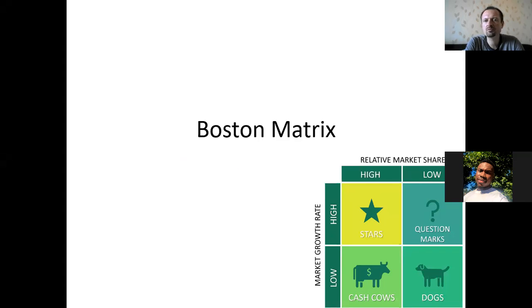That's why I'd like to stress two very important points, because students usually make two types of mistakes. The first point is that we have to build this matrix for one diversified company.